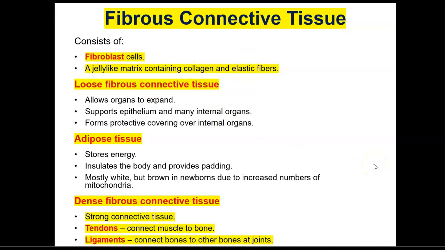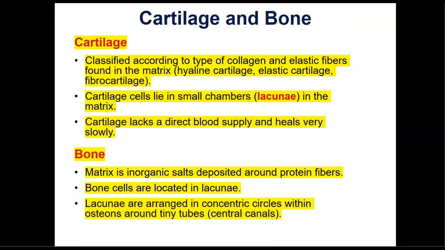Dense fibrous connective tissue is very strong. We do have a layer of our skin that's composed of dense fibrous connective tissue, and then tendons, which connect muscle to bone, and ligaments, which connect bones to bones, are composed of dense fibrous connective tissue. Cartilage is classified according to the type of collagen and elastic fibers found in the matrix.